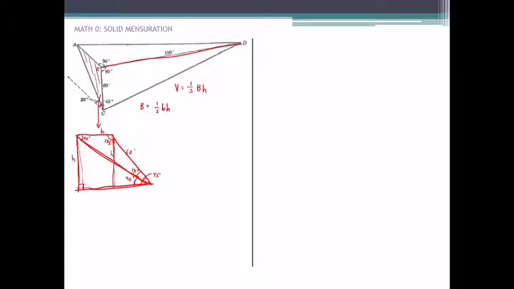Let us consider this as our altitude now. So if this whole angle is 135, and this drop is 90, therefore, 135 minus 90, this is 45 degrees.